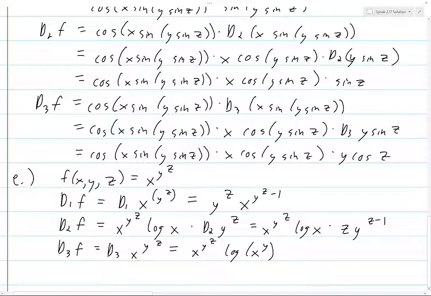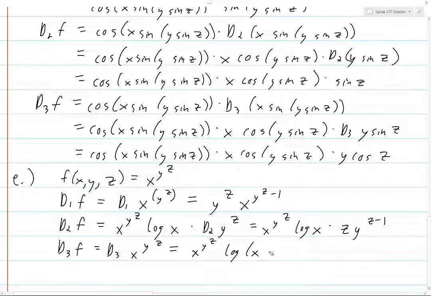Here, x to the y being raised to the power of z is not the same as x to the power of... Yeah. So what we have to do here is y to the z is a function of z, so we do the same thing that we did in the previous example, so this is x to the y to the z times log of x.